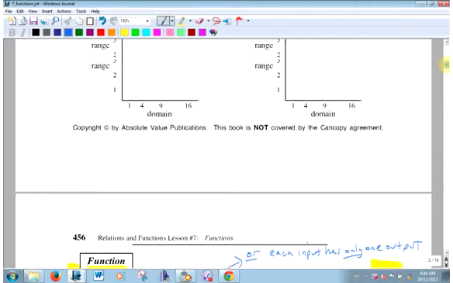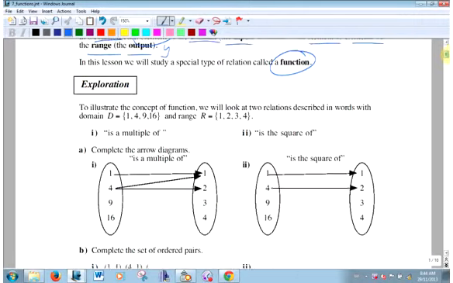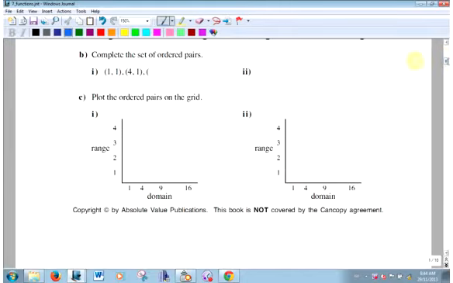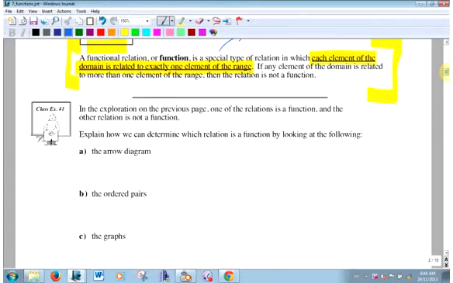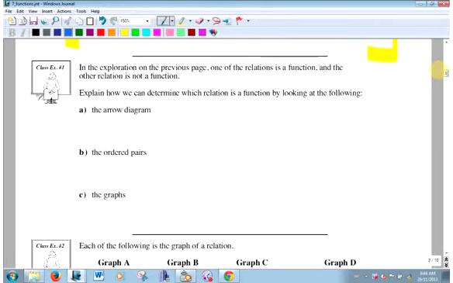Let's backtrack. No, let's go here. All right. So, how can we tell if a relation is a function by looking at an arrow diagram? I'll write it first.